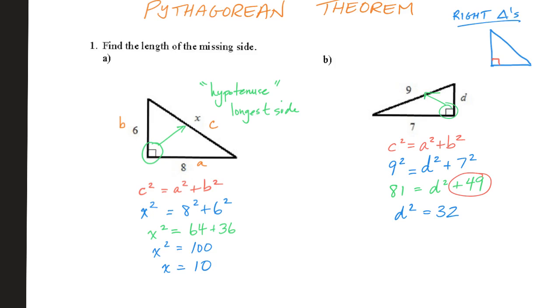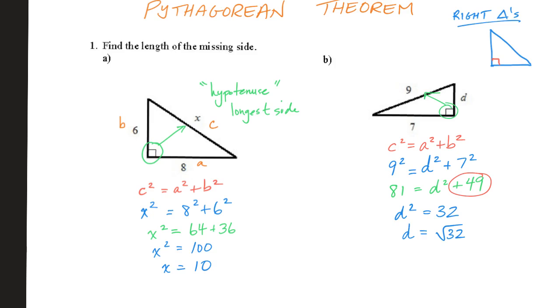We don't quite have the d all by itself. Now we need to get rid of the squared. To get rid of a squared, I take a square root. Because we're finding the length of a triangle using Pythagorean theorem, I don't have to include the plus or minus. We just all recognize, though, that in this instance, we can't calculate root 32.